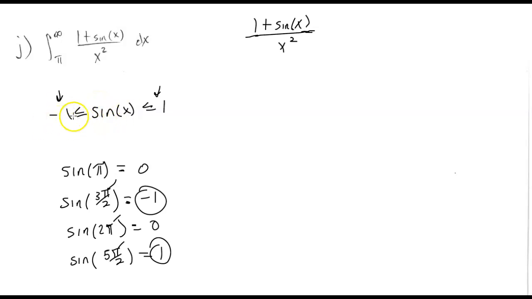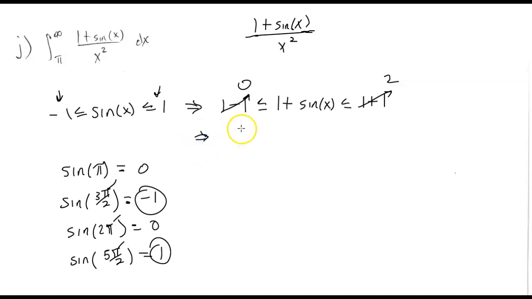So if we know that sine is going to bounce between -1 and 1, then we also know that if we add 1 to sine, we get 1 minus 1 here, 1 plus sine of x here, and 1 plus 1 here. Of course, this ends up just being 0, and this ends up just being 2.